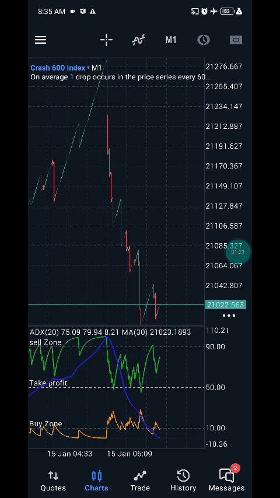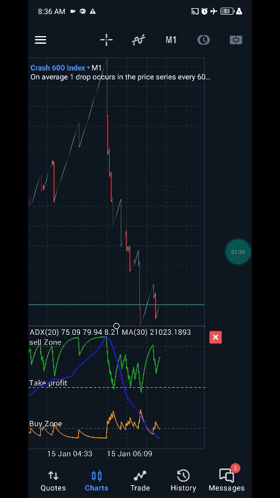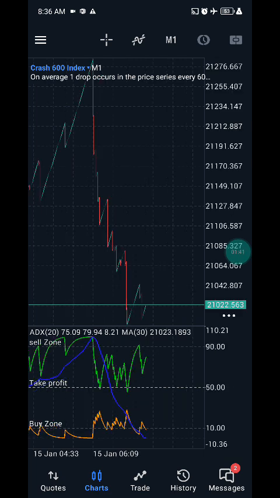So let me show you guys. For example, currently we have a trade moving at this particular zone, and this is what we are seeing in the market. So what you are going to do is that anytime you have your moving average line, which is the blue line, go below the 10th level, and you can discover that it does not move away from that particular chart.